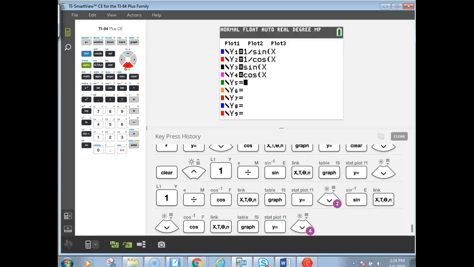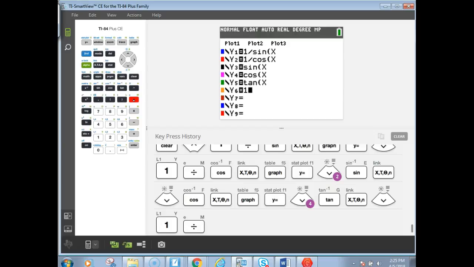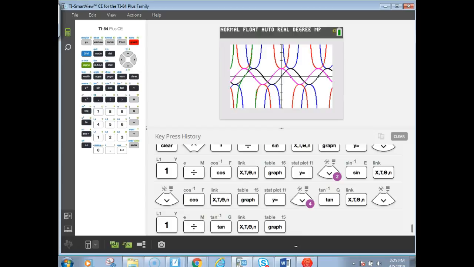I've literally seen kids doing this in class before they ever learned it. Like they've messed with these buttons. 1 divided by the tangent of x would get you the cotangent. Oh my goodness. Isn't that pretty? All right, well, there they all are together. No, we're not going to have to graph them all on one graph.